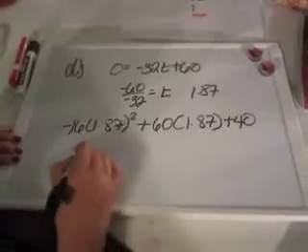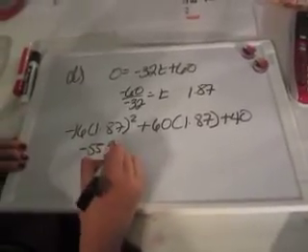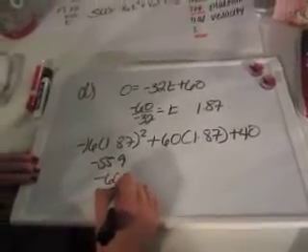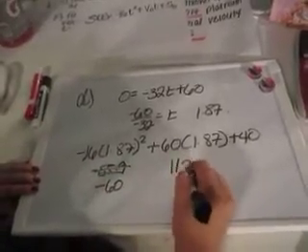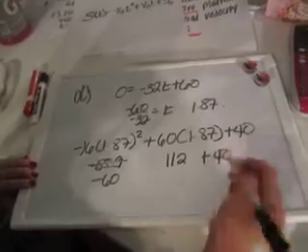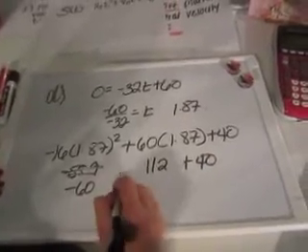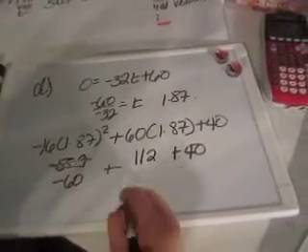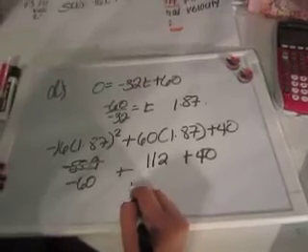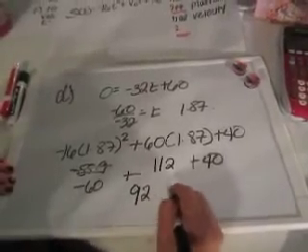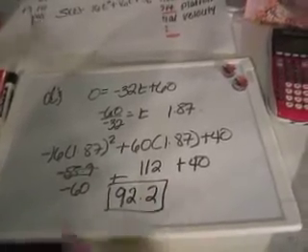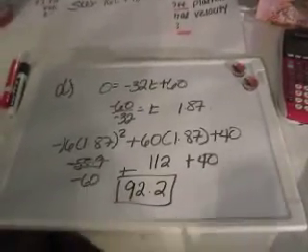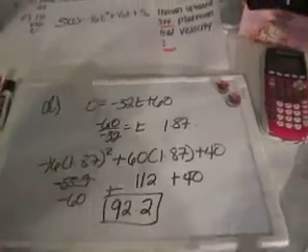We get negative 55.9, which we'll round to 60. We get 112 plus 40. So all of this together will be 192. Sorry, 92.2. This is the height attained by the ball, the maximum height attained.